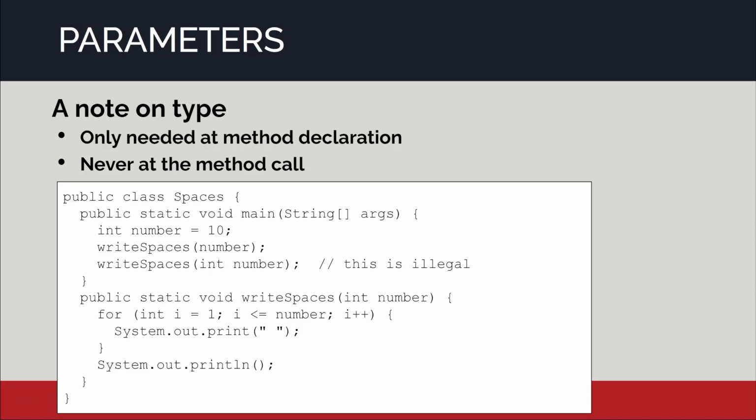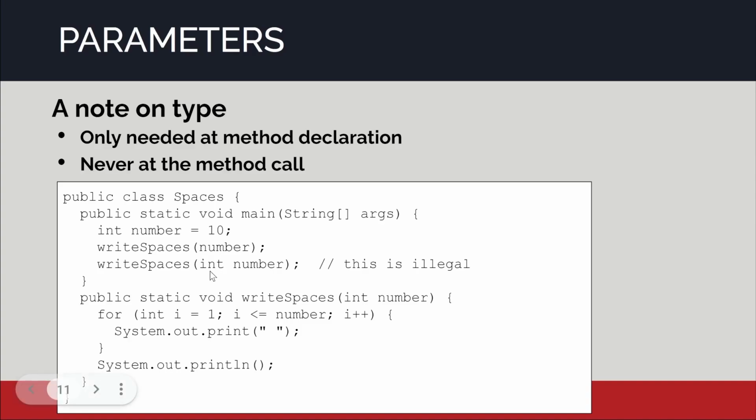Now, when you are declaring the type of the parameter, and this is where it can be a little bit confusing, you only need to do it at the method declaration. So at the same place where you have the full public static void, name of your method, parameters, and then the curly braces, that's where you specify the type.